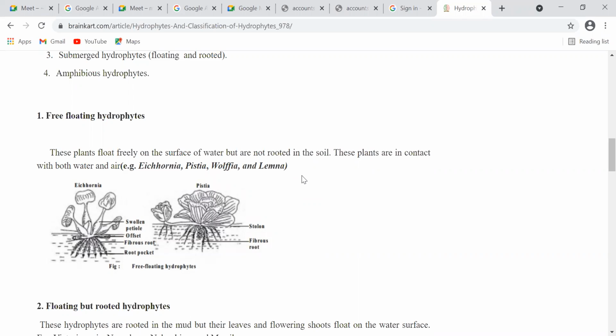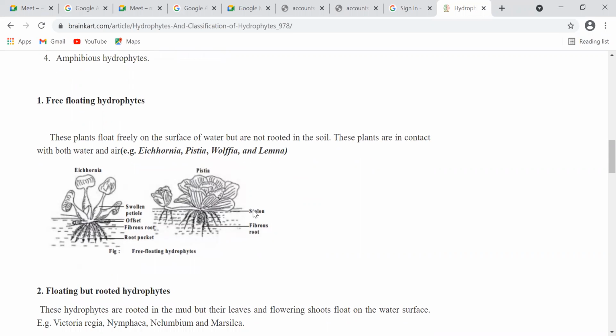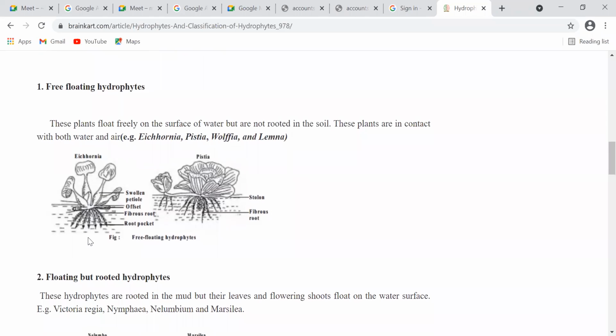Lemna, Wolffia, Pistia and Eichhornia are free floating hydrophytes. They are on the surface of water and are not rooted in the soil. Are you all getting it, students?